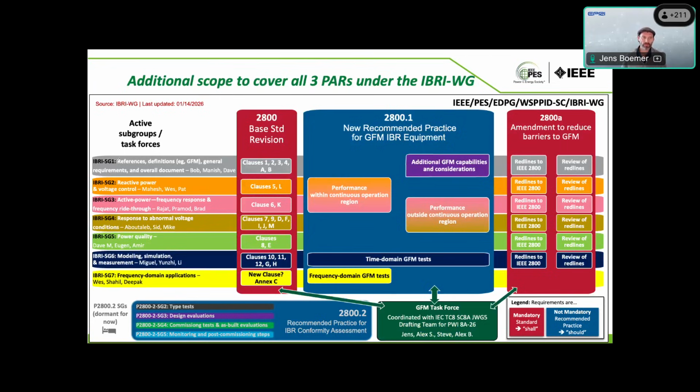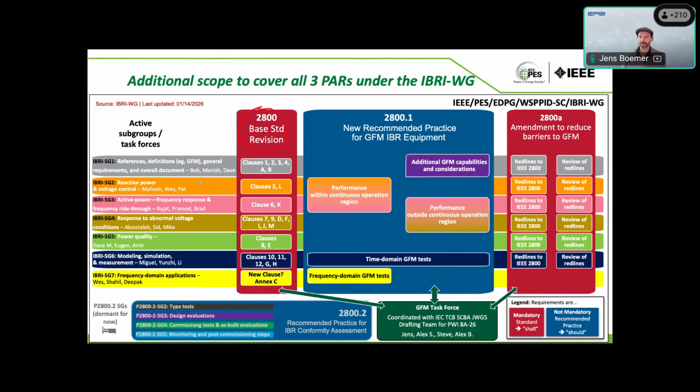I mentioned that the subgroups that were also active in the base standard revision will primarily focus on the main revision, but they will also have a say when we present straw material related to grid forming. They will also have a say, judging from their subject matter expertise, for example, on what some of these requirements related to grid forming may imply for reactive power and voltage control.